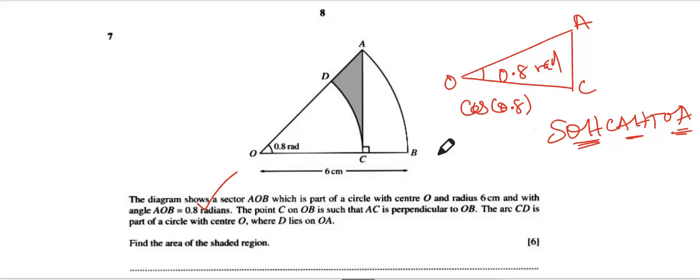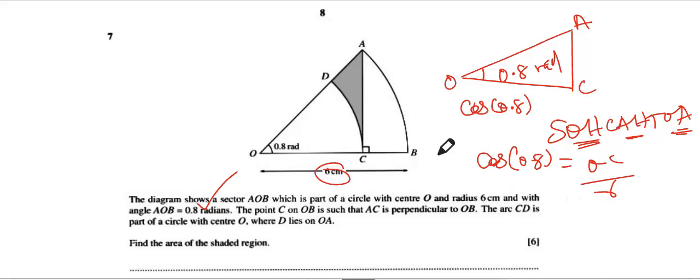So if it is cos of this angle, it means that cosine of 0.8 will be equal to OC divided by 6 that we have. Remember, we have 6, the distance from here to here. So it is 6 centimeter. So this is OC divided by 6, right?